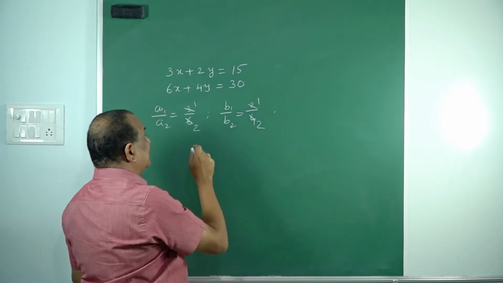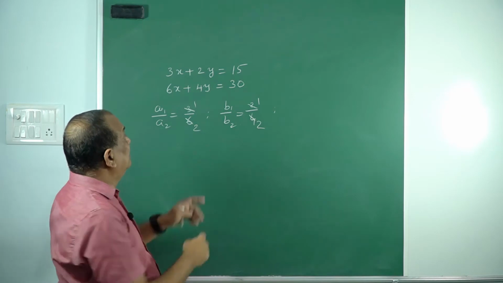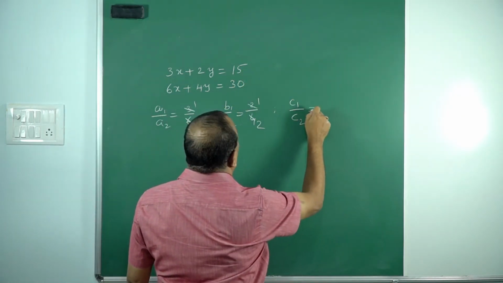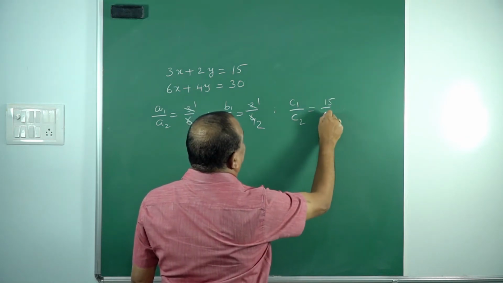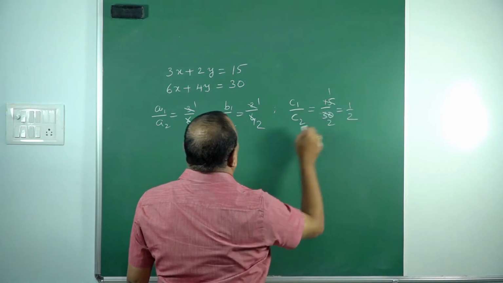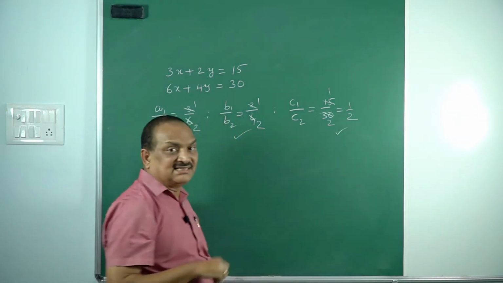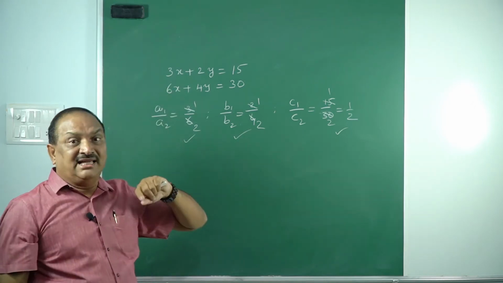And now I have to check what happens to C1 on C2. Because these two are already equal. But when I try to check, even that is same. C1 on C2 is again 1 on 2, because it's 15 on 30. 15 ones and 15 twos is again 1 on 2. So what happened here, all the 3 are same. And therefore, these 2 lines are consistent.